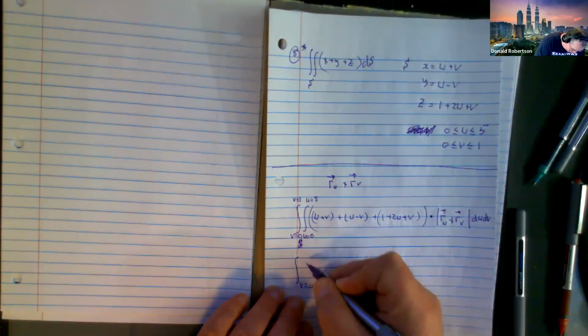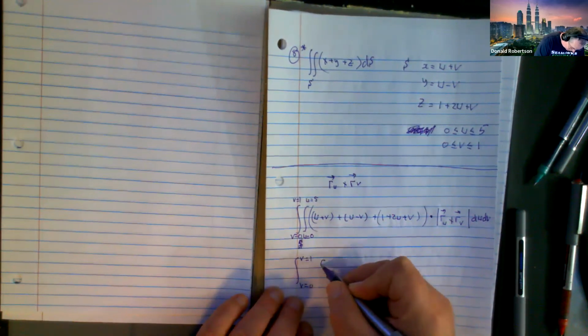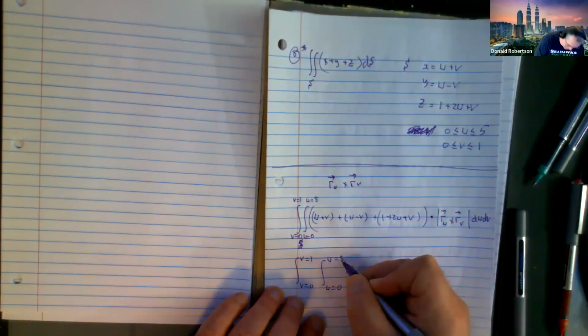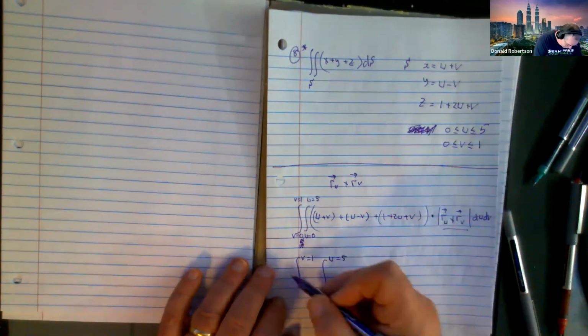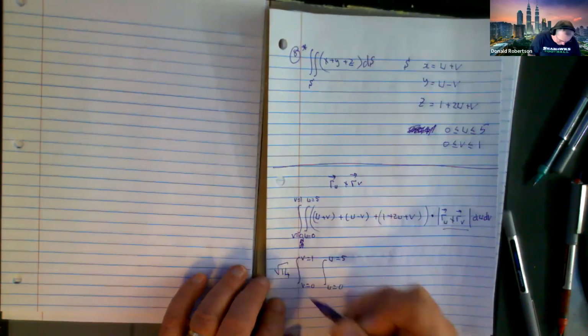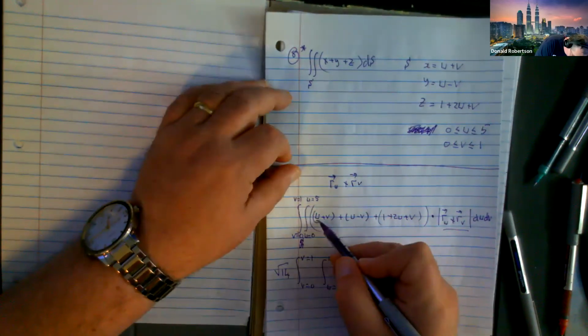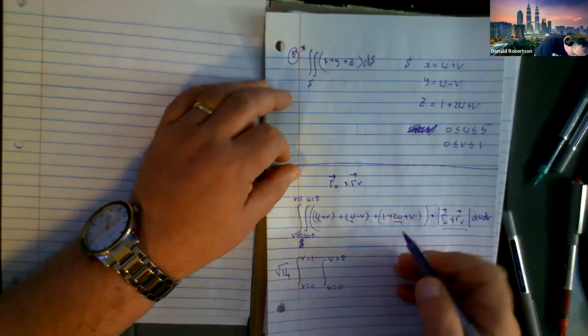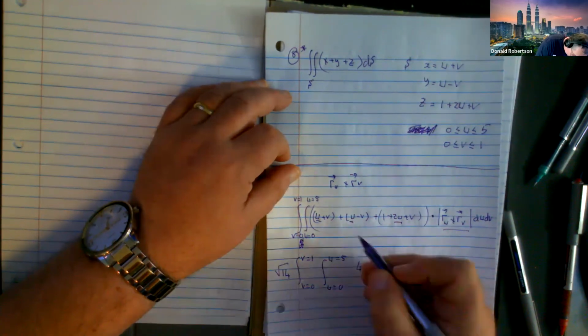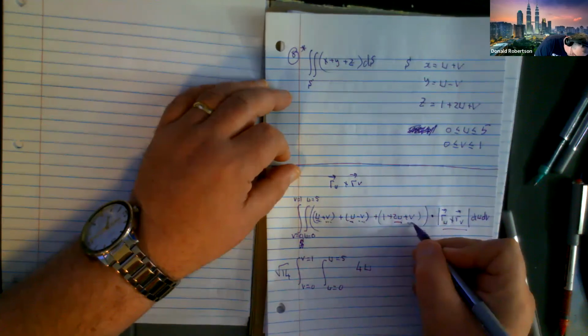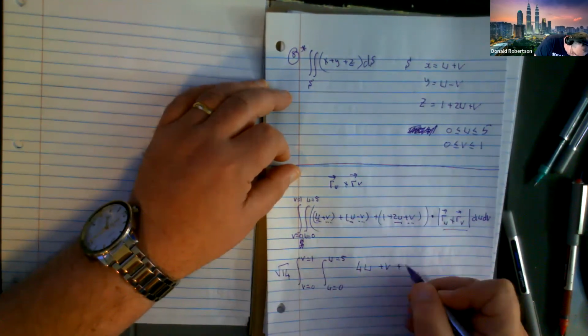v equals 0 to v equals 1. u equals 0 to u equals 5. That guy's going to be the square root of 14. So I'm just going to stick it out there so it's out the road. And now I have a u, another u, and 2 more. So that gets me 4u. I have a v, take away v, they cancel out, plus 1, and add 1.